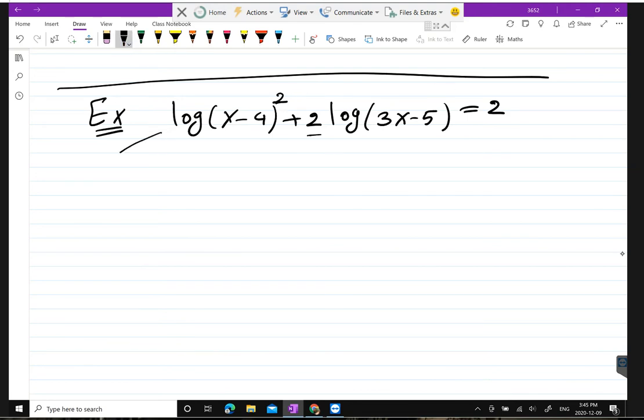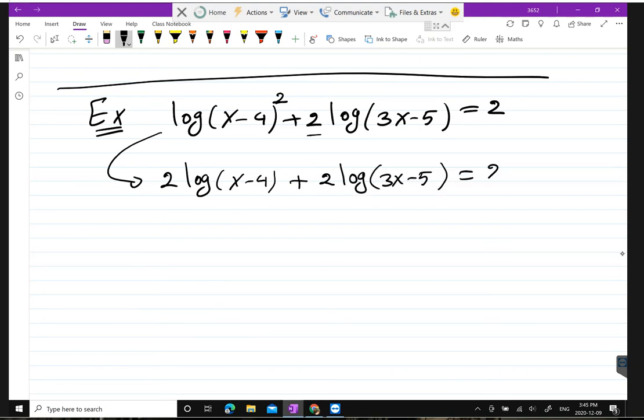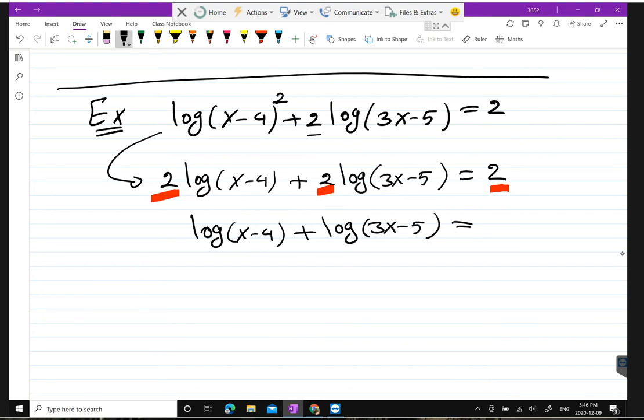So basically from here you will get 2 logarithm of (x minus 4) plus 2 logarithm of (3x minus 5) is equal to 2. Okay, now if you divide both sides by 2, you can easily get rid of this 2 and that 2, and then you will end up with logarithm of (x minus 4) plus logarithm of (3x minus 5) is equal to 1.